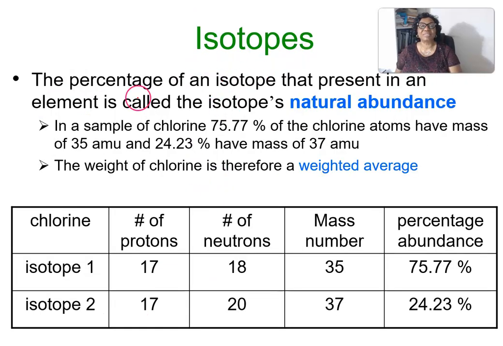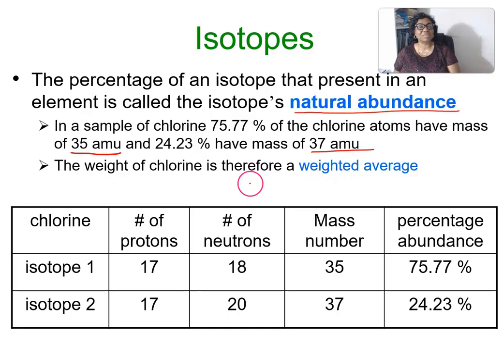So the percentage of an isotope that's present in an element is called its natural abundance. So if you take a sample of chlorine, 75.77% of chlorine atoms have a mass of 35 atomic mass unit, and 24.23% have a mass of 37 atomic mass unit.